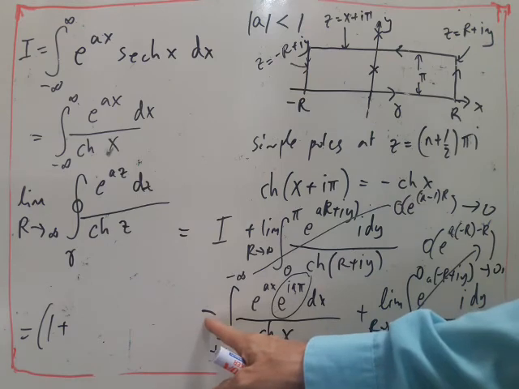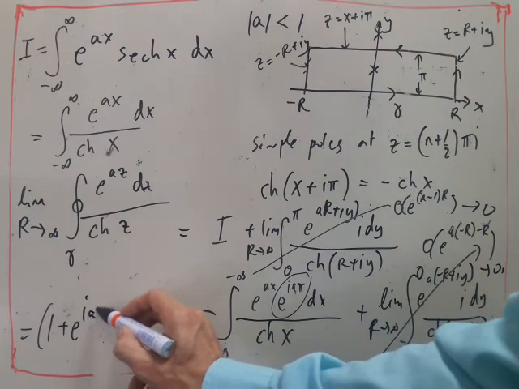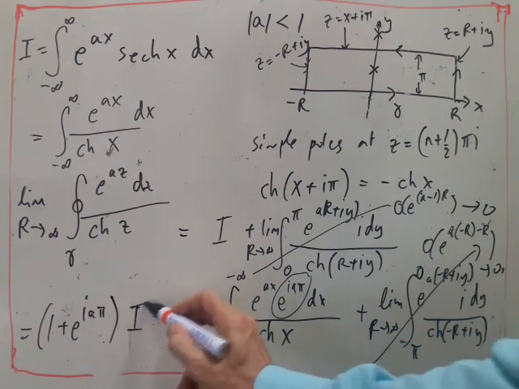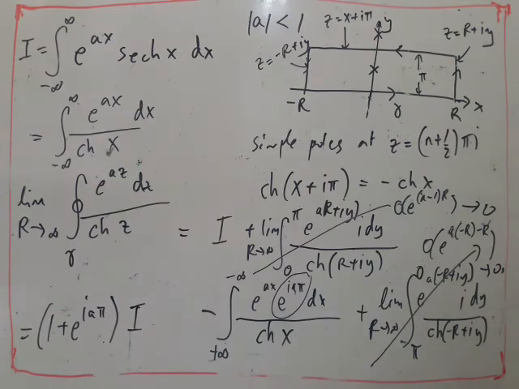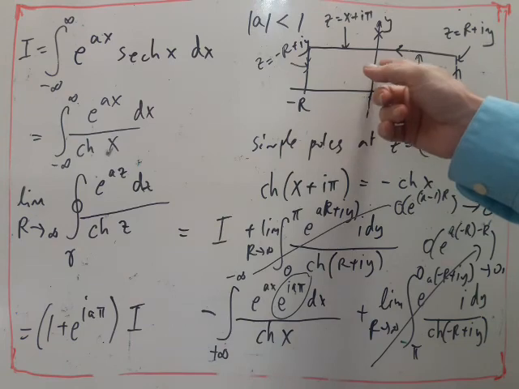So I'll swap the limits and change it into a plus sign, and I've got e to the ia pi times the integral I want. So that's going to be equal to 2 pi I times the residue of the pole we have here.